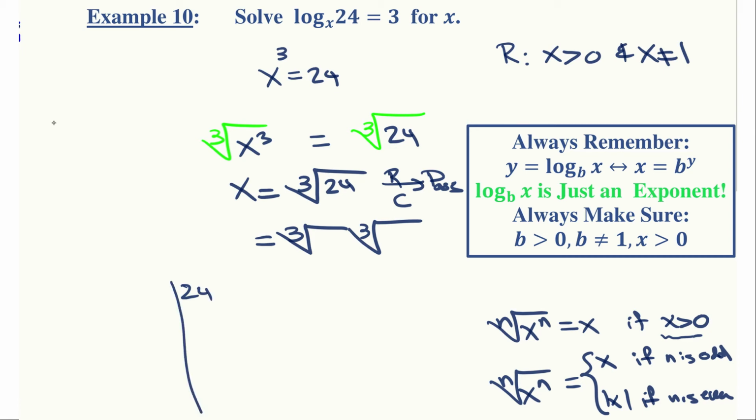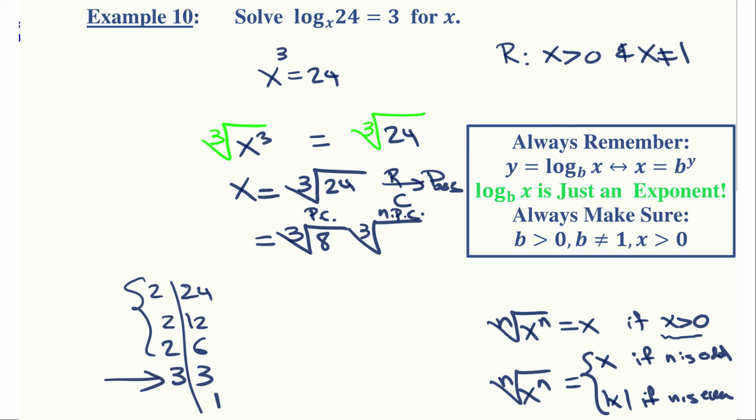The smallest prime that goes into 24 is 2. When we divide, we get 12. Again, 2 gives us 6, 2 gives us 3, and 3 gives us 1. So we notice there is one perfect cube hidden inside 24. We put that in the first radical, the perfect cube radical, and in the next one we put the non-perfect-cube factors of 24. So 8 goes in here, and what's left?